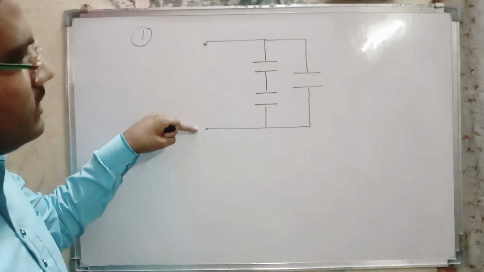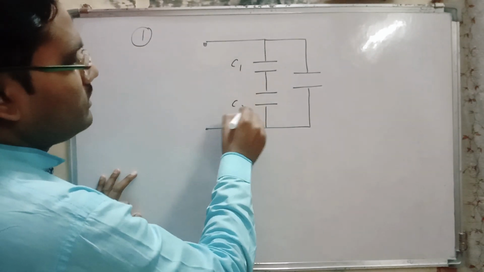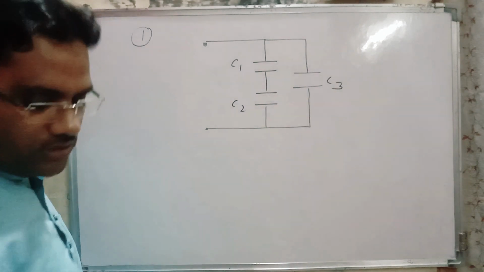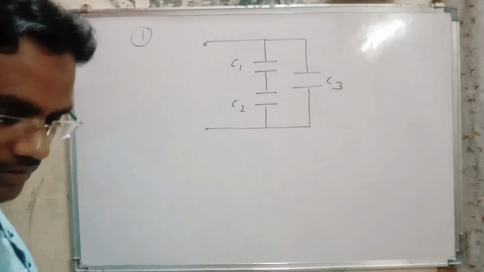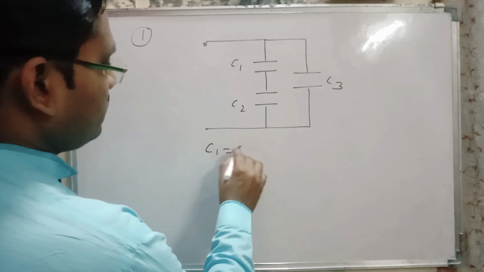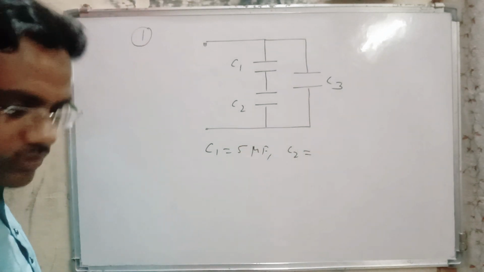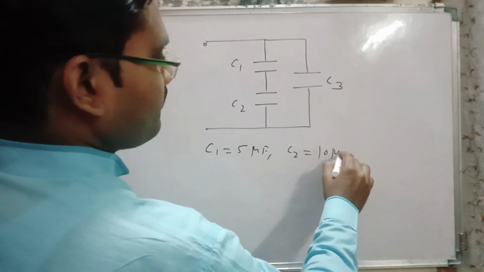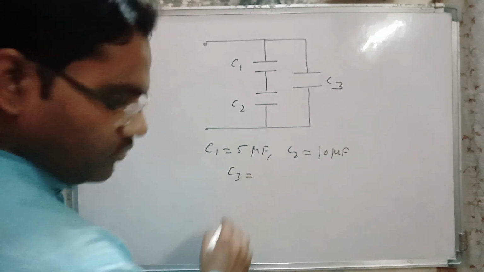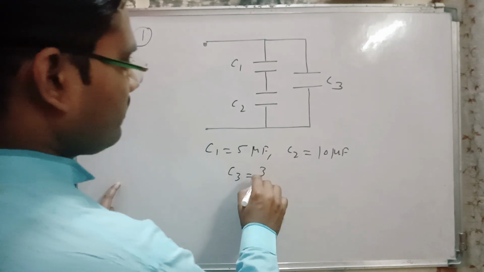This is C1, this is C2, and this is C3. C1 is equal to 5 microfarad, C2 is equal to 10 microfarad, and C3 is equal to 3 microfarad.